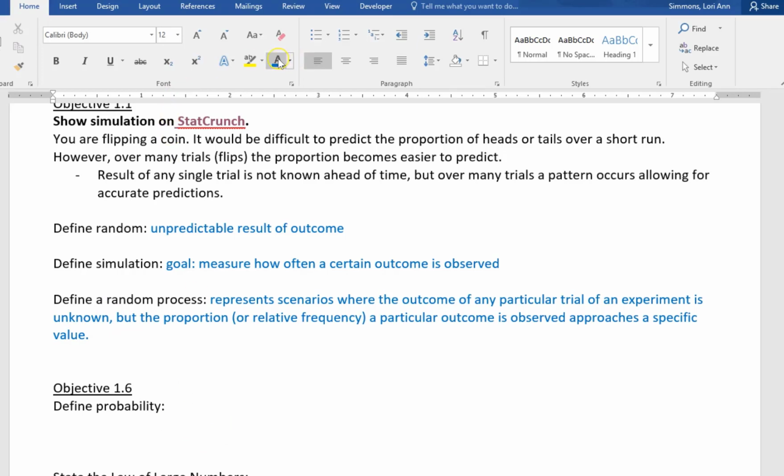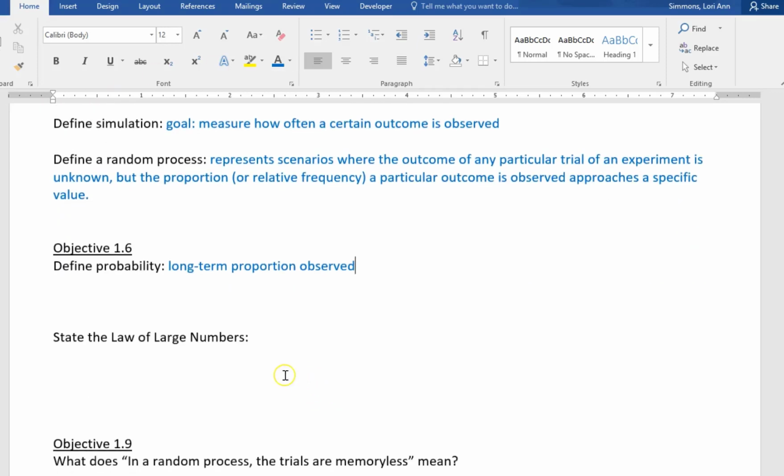Let's move on to probability. This is the long-term proportion observed. So the probability of getting a head, so the long-term proportion, is 50%.